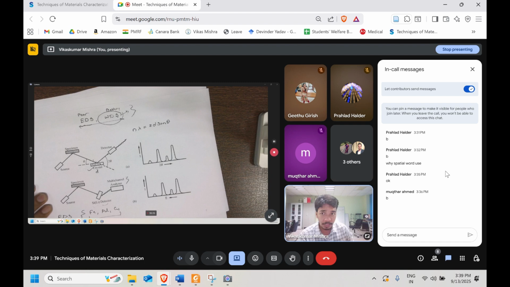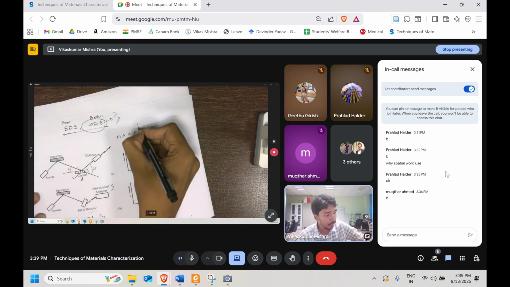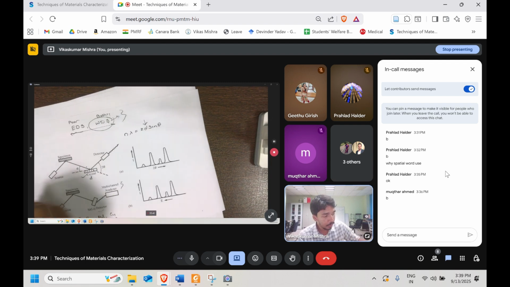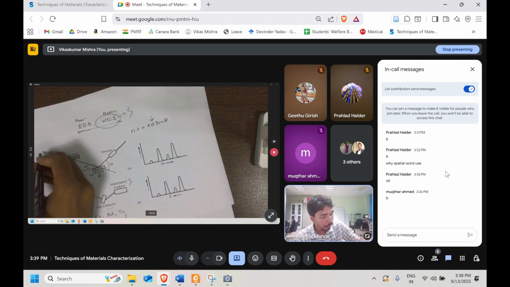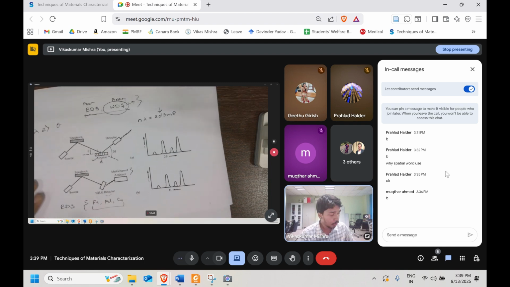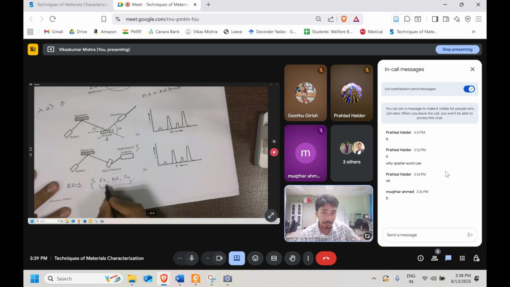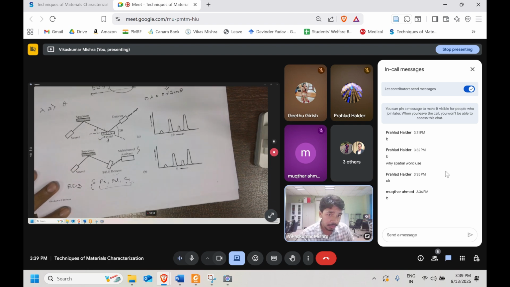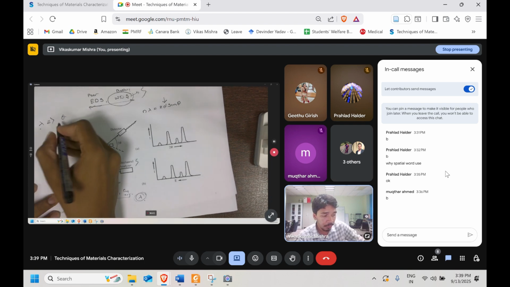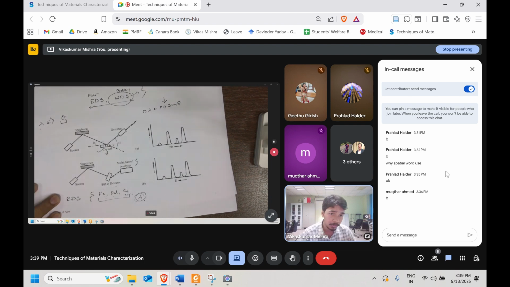Now the d is fixed, so what will lambda depend upon? Lambda will depend upon theta, right? For these three elements, their characteristic lambda will differ, because their energies are different. Since their lambda is different, they will diffract at different particular angles.